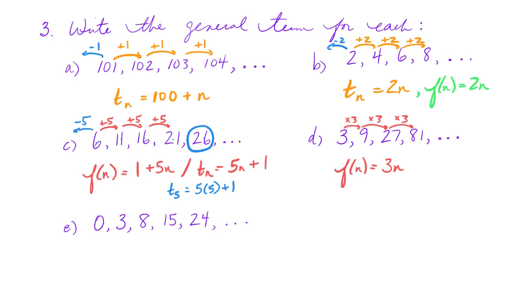I could do a check. I take a look, and I see, hey, my 81. Well, that would be term 4, so now I check out f of 4, and I get 3 times 4, and that's 12, and I go, oh no. That does not match up.